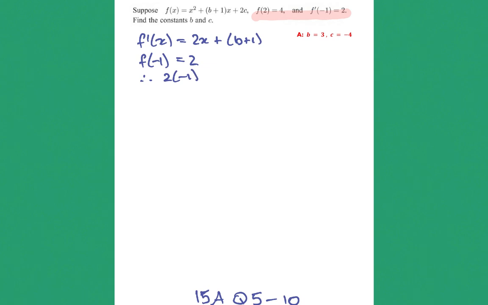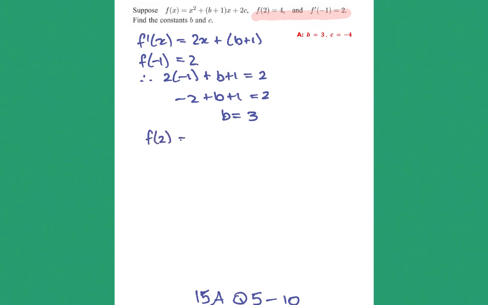So let's do f dash of negative 1 equals 2. So we're going to substitute negative 1 into our derivative. 2 lots of negative 1 plus b plus 1 equals 2. And come up with a value for b, which is 3.